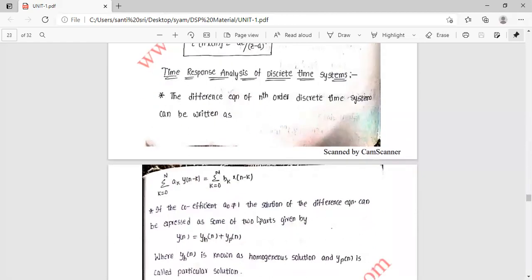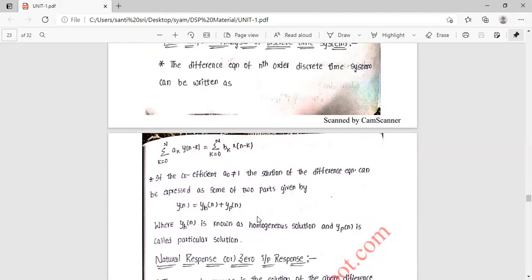If the coefficient a_0 is not equal to 1, then the solution of the difference equation can be expressed as the sum of two parts, that is y_h(n) plus y_p(n), the homogeneous solution and the particular solution. y(n) equal to y_h(n) plus y_p(n), homogeneous solution plus particular solution.